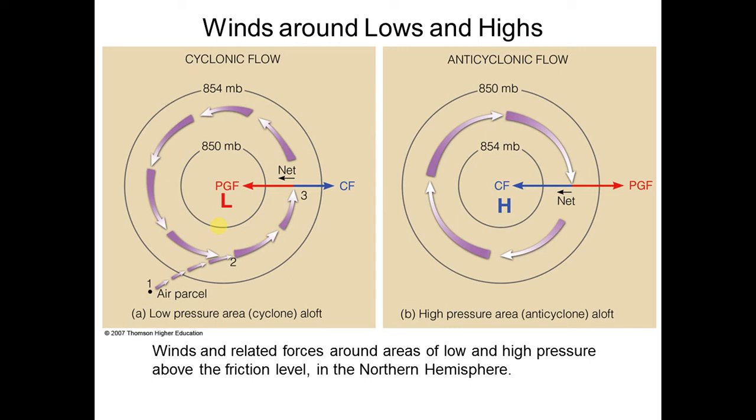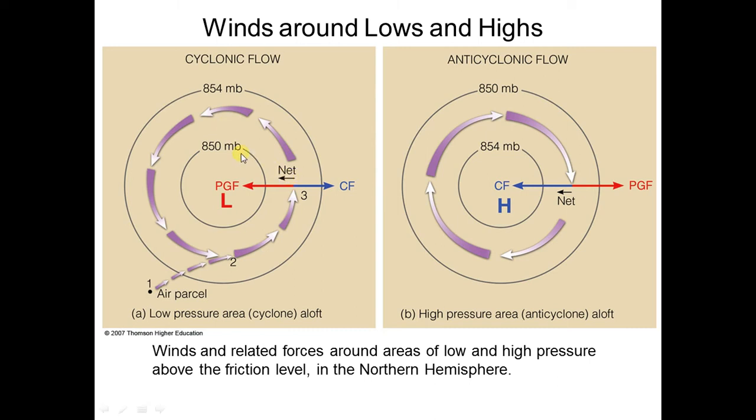And what we said was that in order to accelerate, right, F equals ma, there has to be a force acting on it. The force, in this case, is an imbalance between pressure gradient force and Coriolis force. So the pressure gradient force and Coriolis force are not completely balanced. The pressure gradient force is greater and it's directed inward. So therefore there's a net force directed inward toward the low to keep the air moving counterclockwise around the low here.